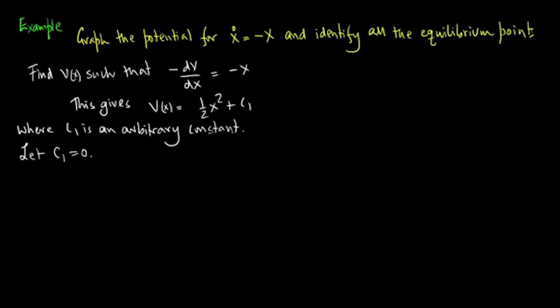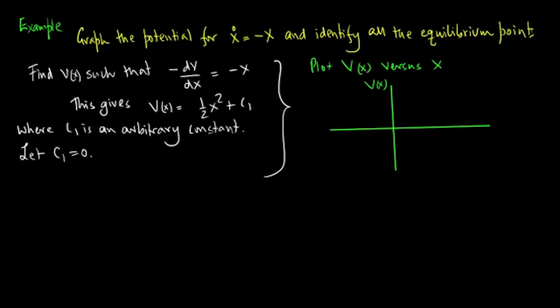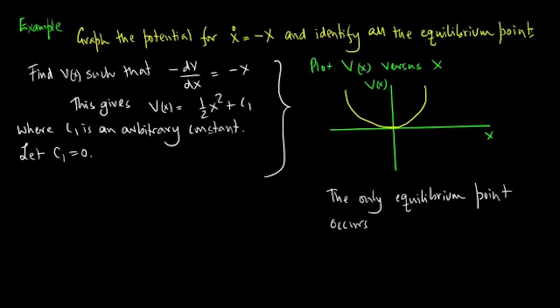So for now we let c1 be 0. Now let's plot V of x versus x. This plot of V of x versus x is a rather simple-minded curve which we can easily do by hand, and there you go, that's what the curve looks like. The only equilibrium point occurs at x is equal to 0 and it is stable.